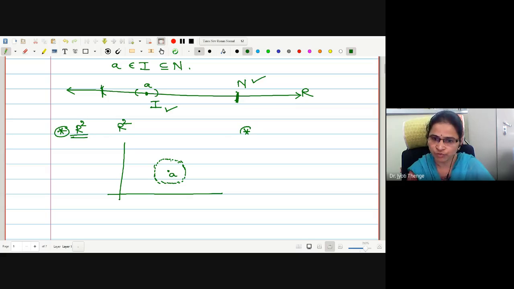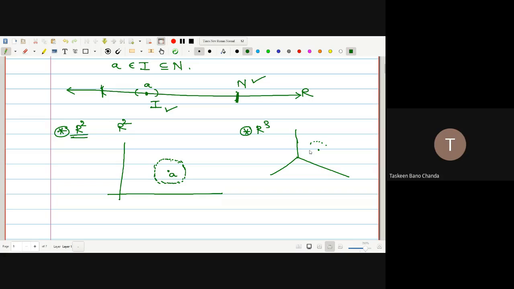And if I go further to R3 space, what will be a neighborhood around a point? A sphere.